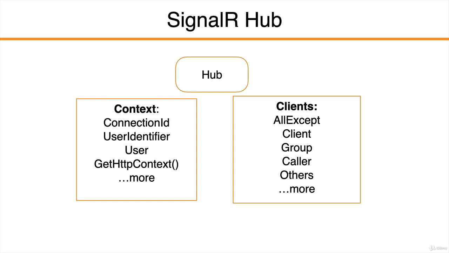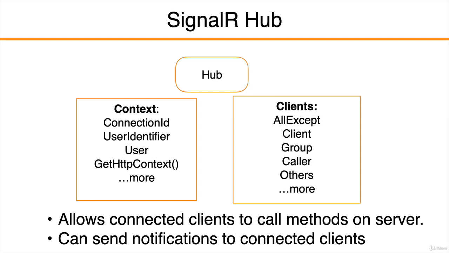Also, when a client connects to our SignalR hub, then they're going to want to receive all of the comments for that particular activity, and in that case we would just send those comments to the caller. Anybody else who is connected will already have the comments because they would also have received the comments at that time. So in summary, our hub allows connected clients to call methods on the server. There are two sides to this.